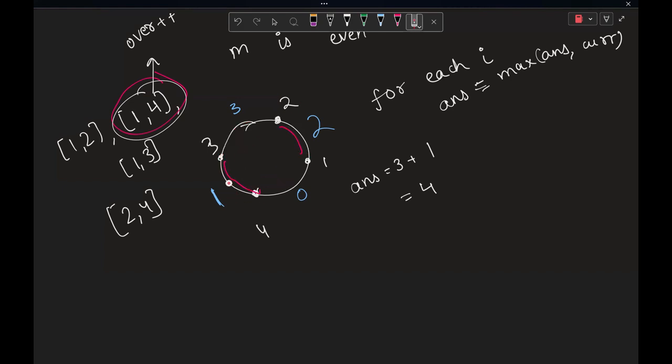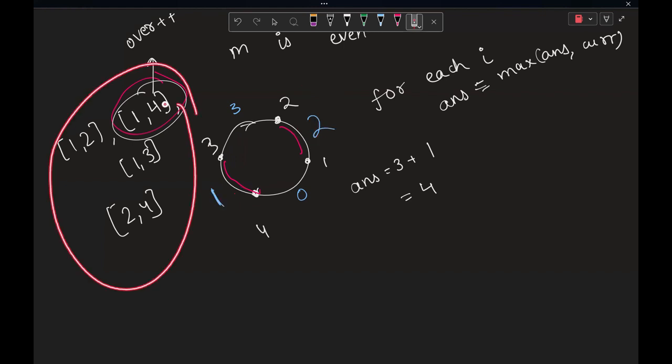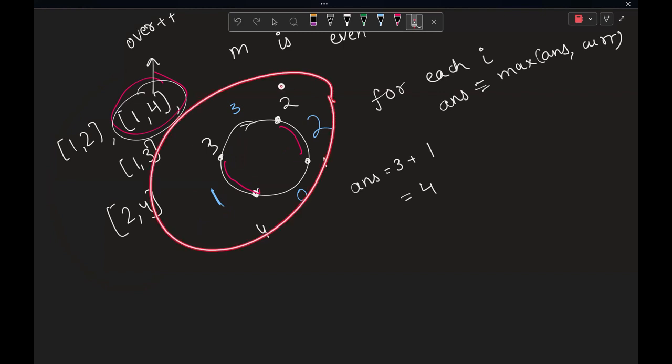So it was contributing 2 to our answer. This 2 had become 3 and this 1 had become 2. So the answer was coming up to be 5, which is not even possible since we have only 4 flavors in total. Right? It is actually causing me trouble.